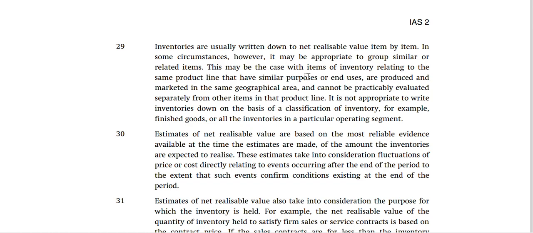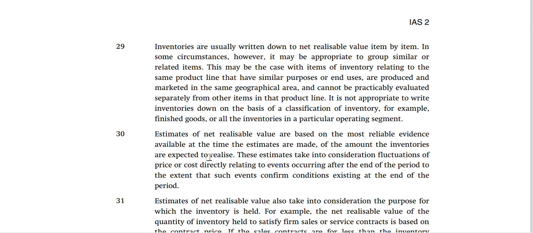This may be the case with items of inventory relating to the same product line that have a similar purpose or end use, or are produced and marketed in the same geographical area, and cannot be practically evaluated separately from the other items in the product line. It is not appropriate to write inventory down on the basis of a classification of inventory, for example, finished goods, or all the inventory in a particular operating segment.